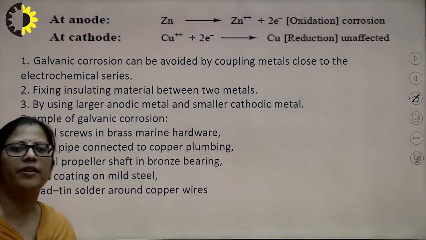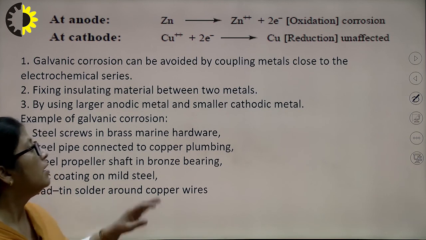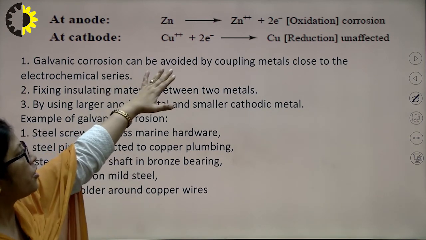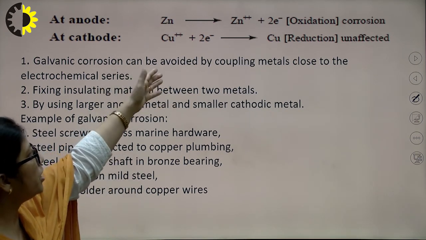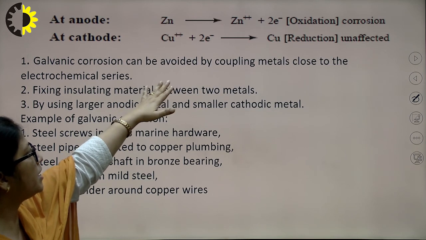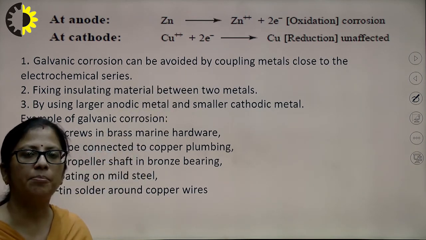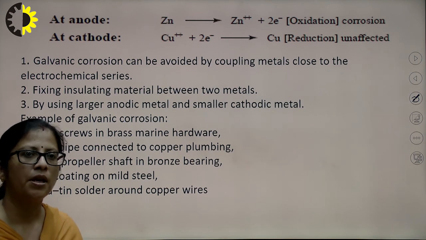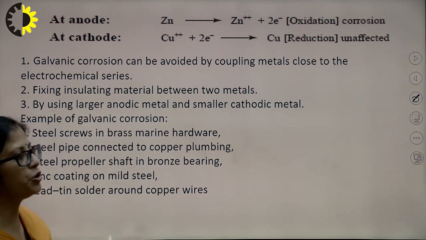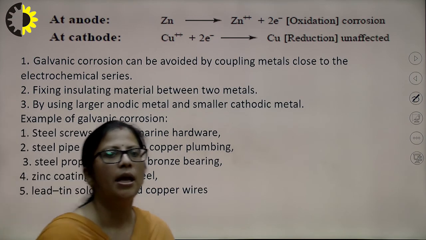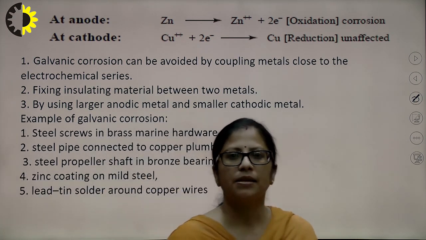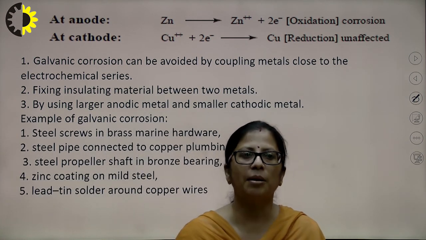These are the different reactions which are taking place. Zinc undergoes oxidation or corrosion, and the copper accepts the electrons and undergoes reduction, and it will be unaffected by the corrosion process. Now, this galvanic corrosion can be avoided by coupling metals close to each other in the electrochemical series.